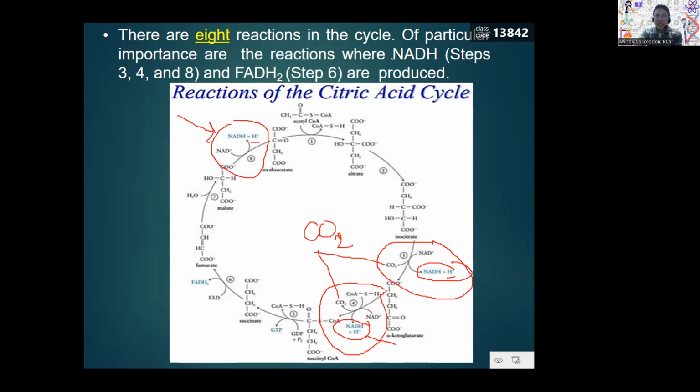NADH plus H plus is produced there. FADH2 is also produced, in step 6. So where is the carbon dioxide again? Step 3 and step 4. But H plus is also produced on those steps, 3 and 4.